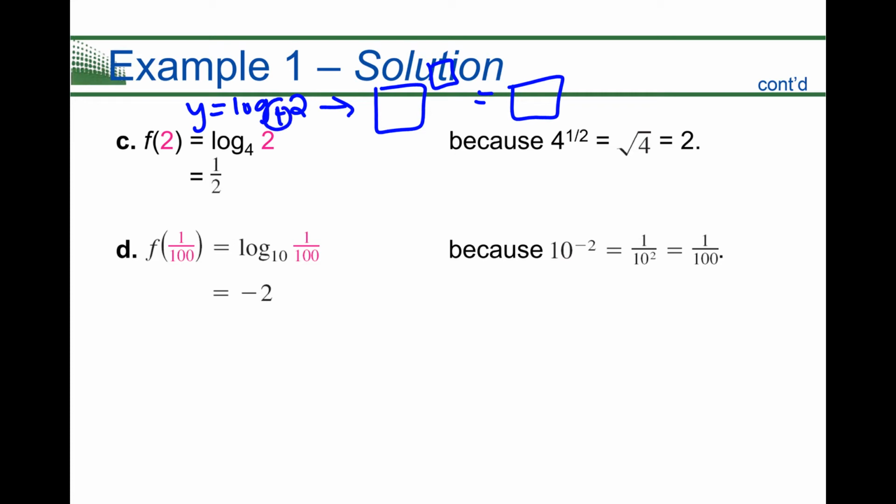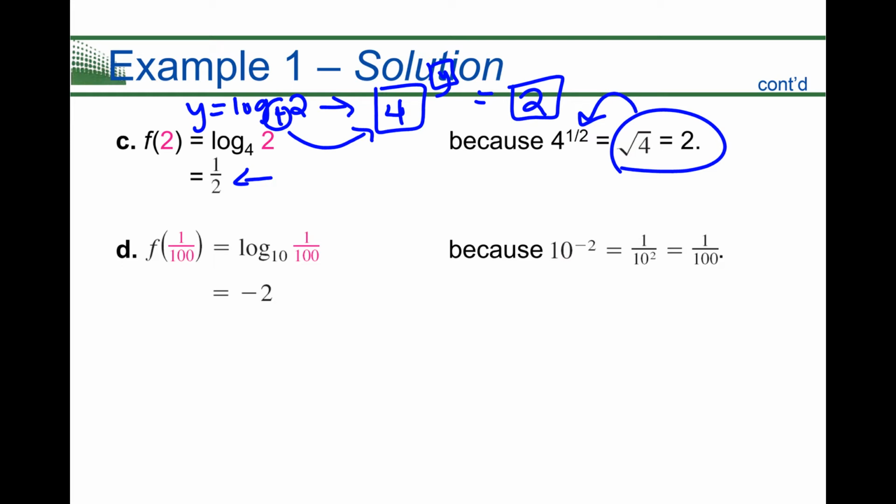So the base of your log becomes the base of your exponent. A log is equal to an exponent, meaning y goes up here and a 2 here. Well, what power of 4 would give me 2? Well, I'm going to have to reduce it somehow. So I know if I square root 4, that would give me 2. And square rooting is a 1/2 power. So what is this log equal to? 1/2.